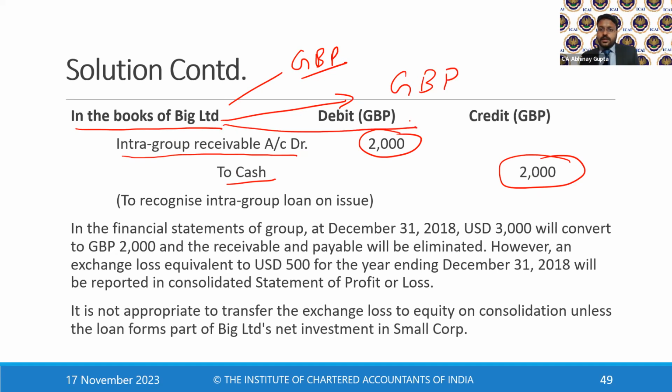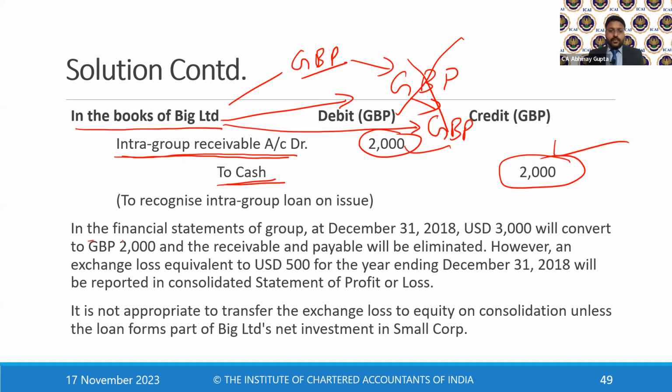And it will be coming back in GBP. So, since there is no different currency involved, there wouldn't be any exchange gain or loss in the books of the parent company. Hence, only one entry: subsidiary company loan account debit to bank or cash 2000 GBP, right?